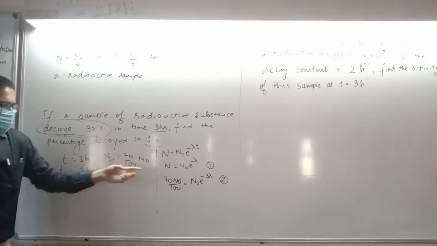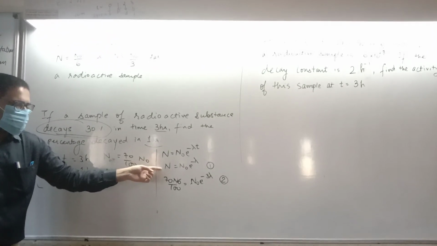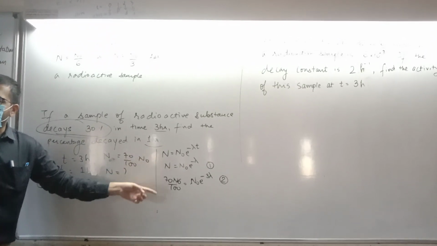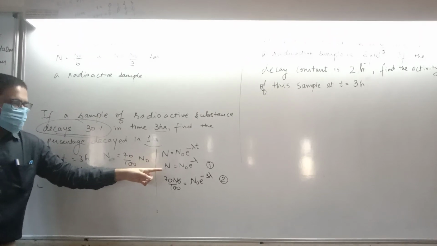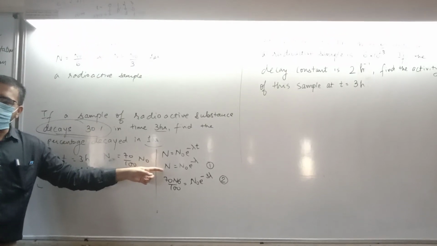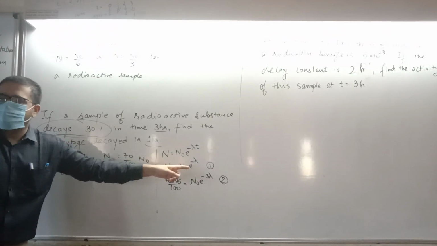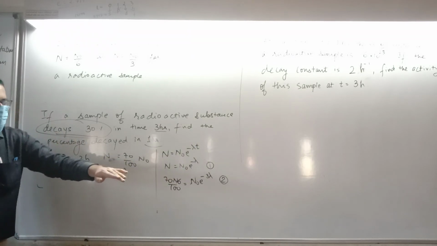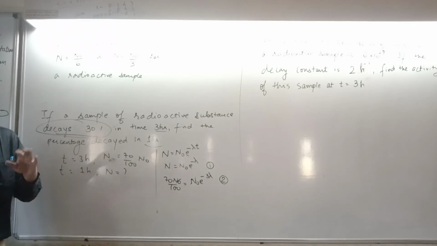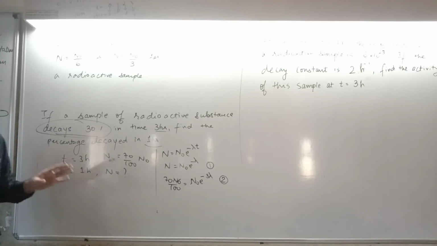Or there's one more option: if you think a bit more, cube this equation and then divide. Why cube it? If you cube, you will get e raised to minus 3 lambda, so that can be cancelled. Clear or not clear? It can be done that way. Either way, the final answer comes out the same.